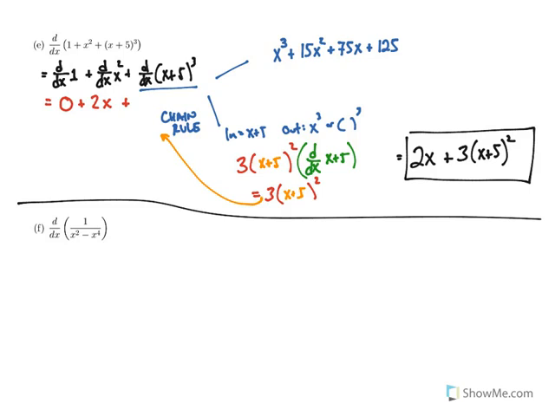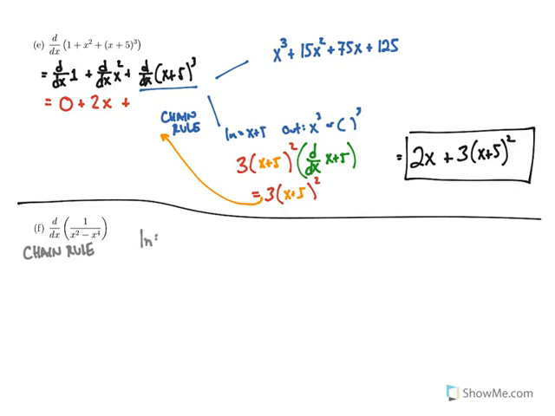All right, next one, we have 1 over x squared minus x to the fourth. We could use quotient rule, but we're going to use the chain rule here. So again, you could use quotient rule, the top being 1, the bottom being x squared minus x to the fourth, but the chain rule would actually be easier, I think, in this case.